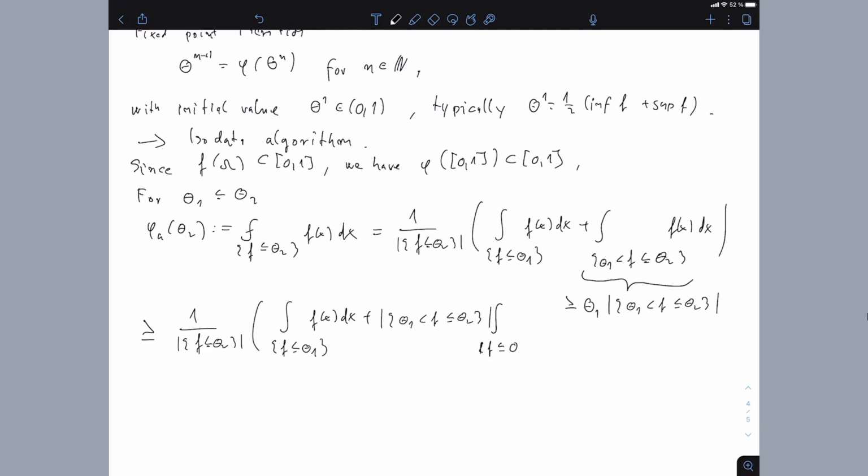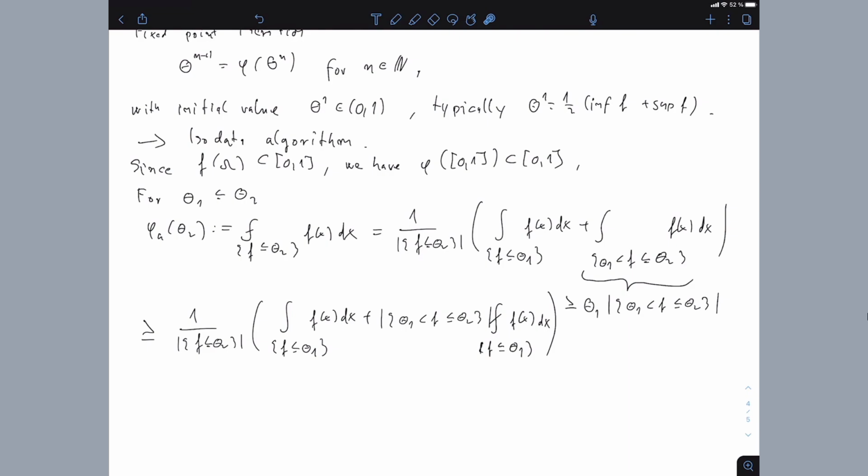So this is now smaller than 1. Yeah, so the integral of f, the average integral of f, where f is smaller equal to theta 1, is definitely smaller equal to theta 1. That's how I get this in here.